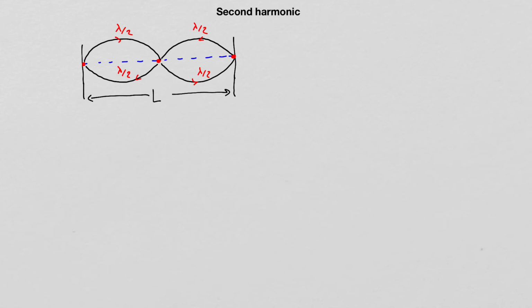So then the relationship between the wavelength of the wave and the physical length of the string is lambda divided by 2 plus lambda divided by 2 is equal to L, from where we get that 2 times lambda divided by 2 is equal to L, or in other words, lambda 2 is equal to L. And so lambda 2 is the wavelength of the second harmonic.